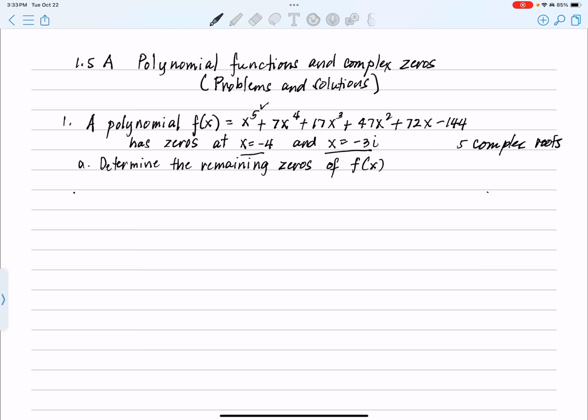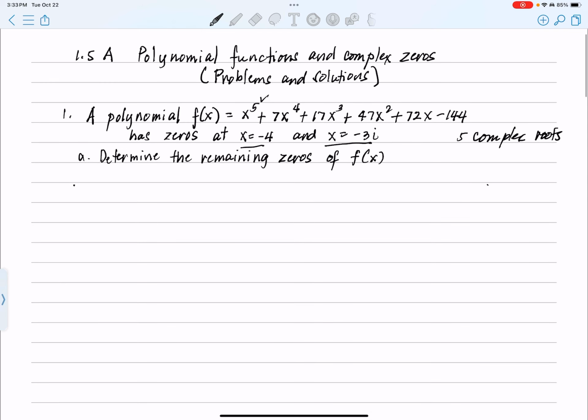Since the polynomial has real coefficients, we can apply the complex conjugate theorem, remember, in the previous video. And then we can create factors for the known roots and use polynomial division to factor f of x and find the remaining roots of this function.